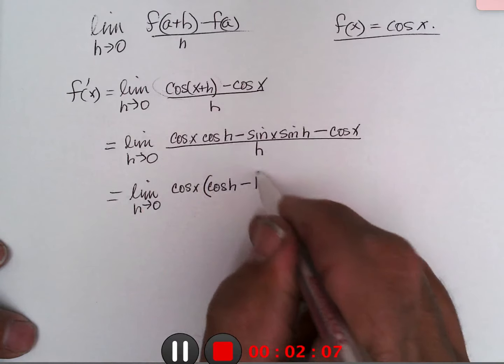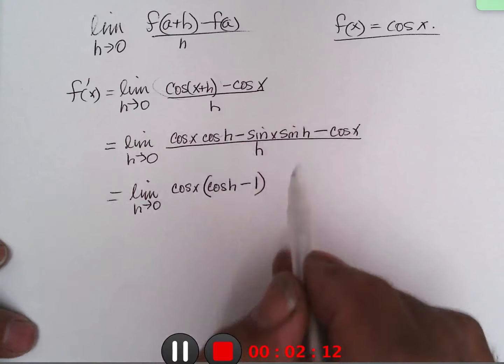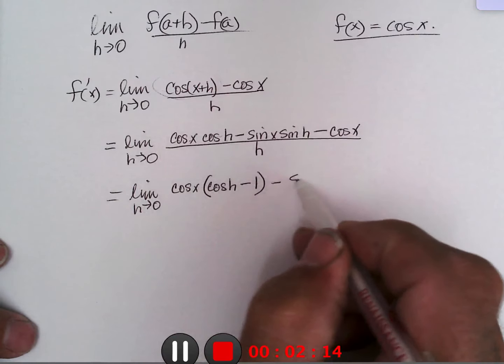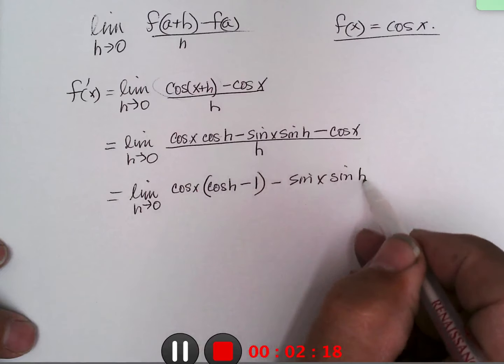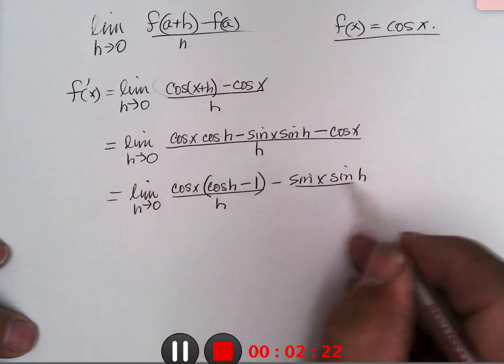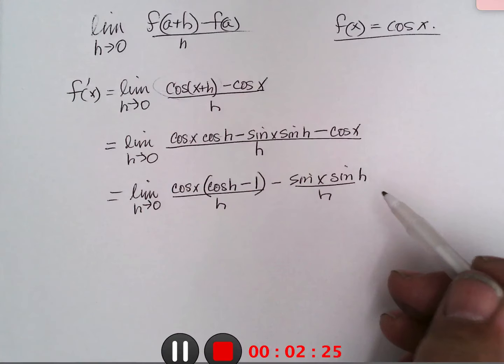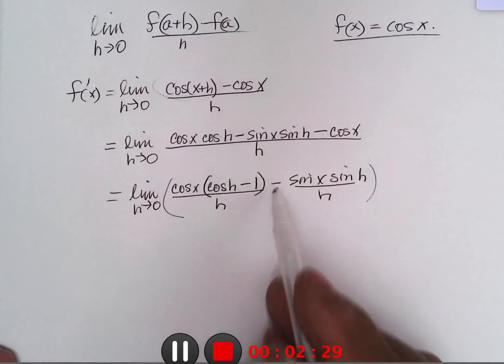That times that is this term, that times that is that term. Then we have minus sine x, sine h, and these are both divided by h, and I'm going to split them into two separate fractions. And the limit of a sum or difference is the limit of each part.